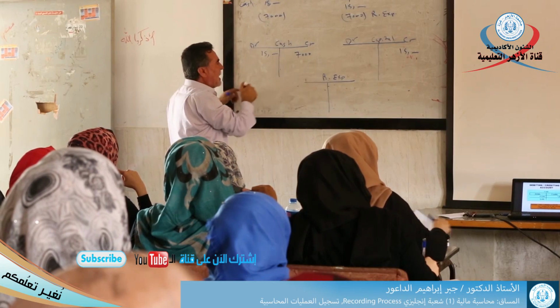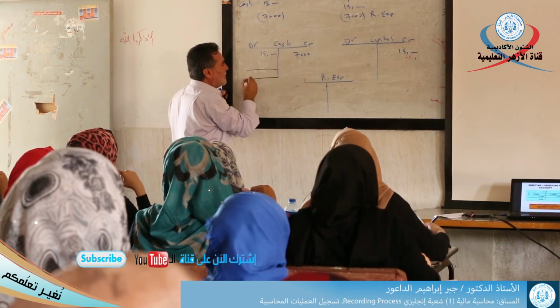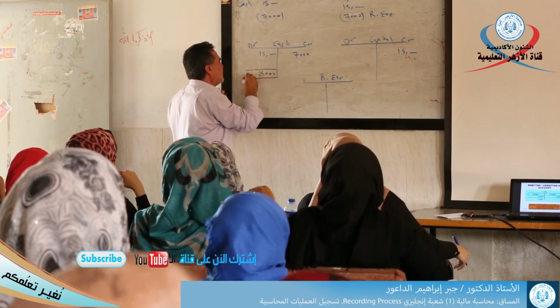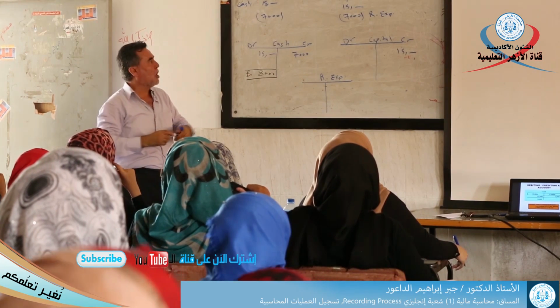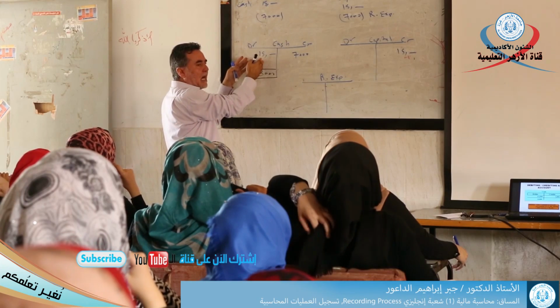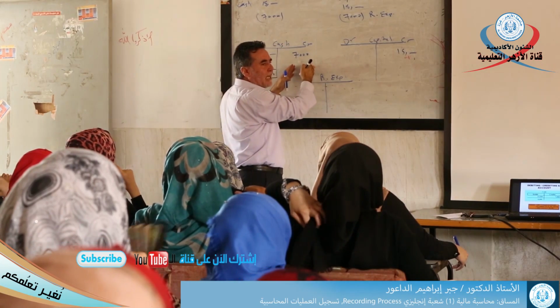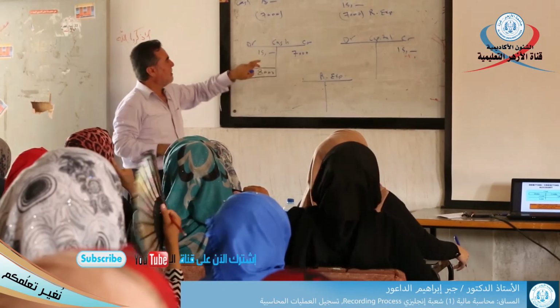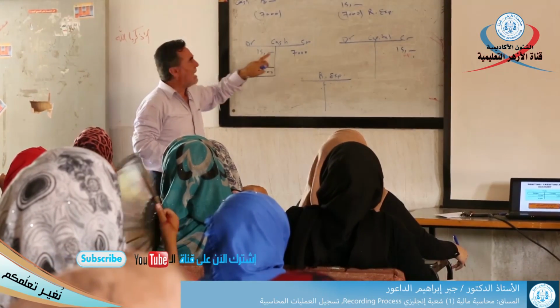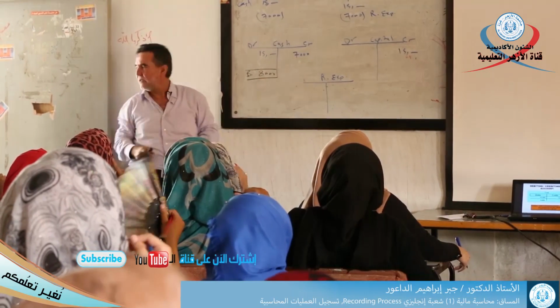So the balance will be 8,000. But debit. Why debit? Because the amount in DR is more than the amount in CR. The balance, the difference between 15,000 and 7,000.